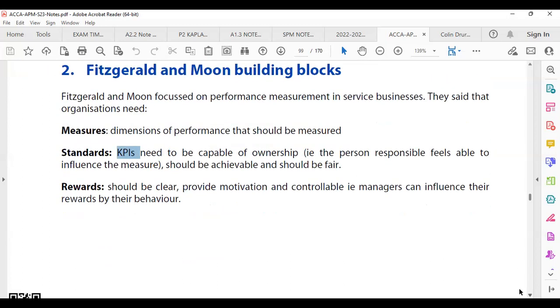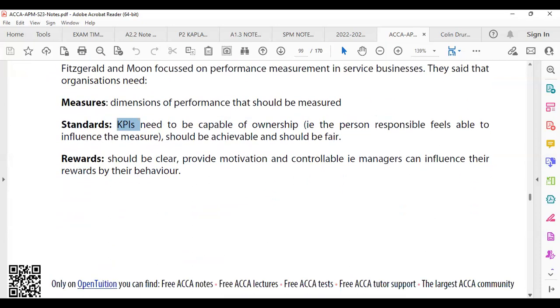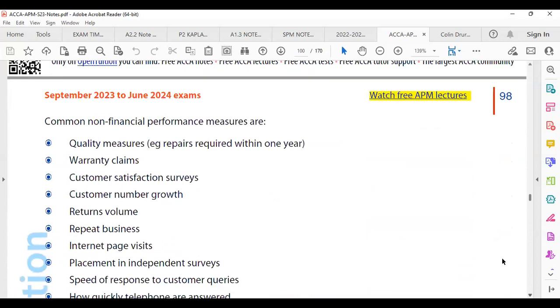So we have that. Rewards, of course, should be clear, provide motivation and be controllable in that case. So what do they check? Which are those non-financials? They check quality.